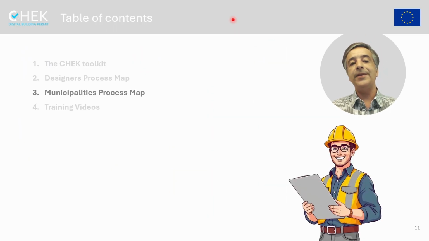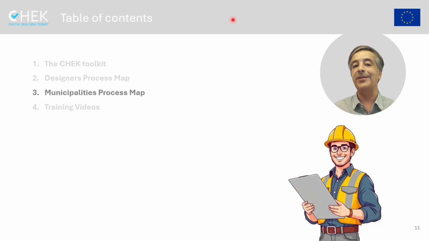So with this being said, there is another process map that needs to be evaluated, which is the municipalities process map. This process map contains a little bit of work that happened before the designers were able to do their job, because designers had to have a partial city model.